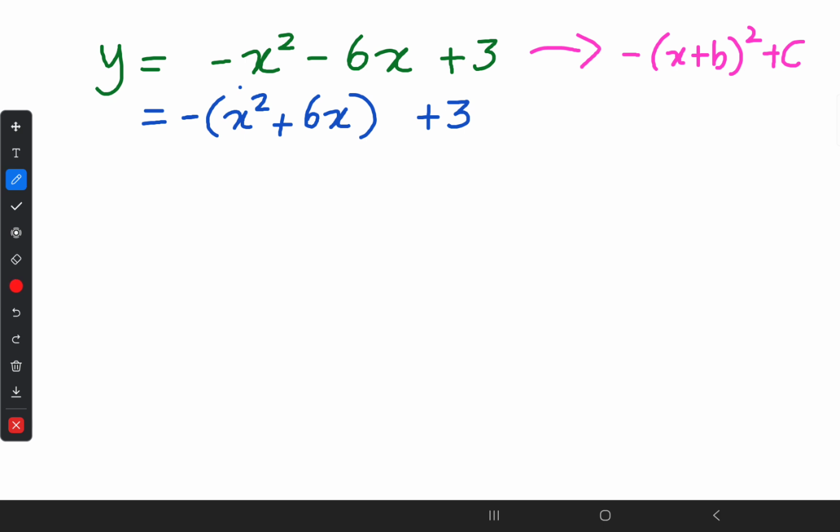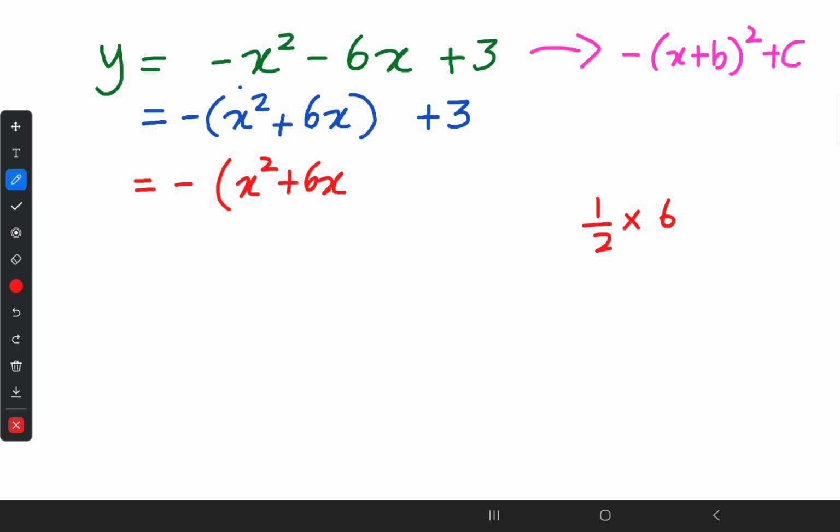So here also, to make this a square, what you need to do is keep it as negative x square plus 6x, and add and subtract some values. For that, we write half of the coefficient of x. The coefficient 6 is positive, so half of it is positive 3.